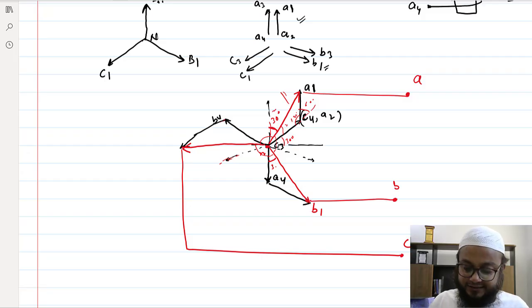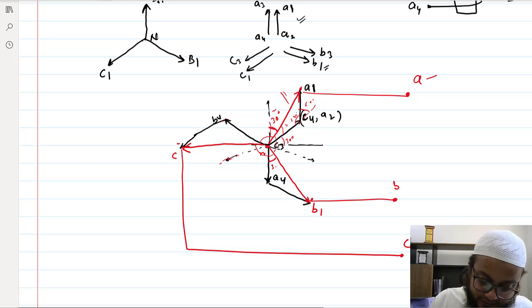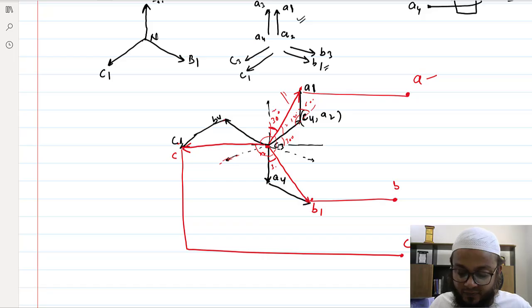Okay, that's how I have actually connected a phasor with a terminal. But what I'm trying to say is actually this point would be my terminal A, this point would be my terminal B, and this point would be my terminal C. And here I have connected C1 here. Okay, so if you compare this phase voltage, the red one, with this phase voltage, they are at 30 degrees to each other, right?